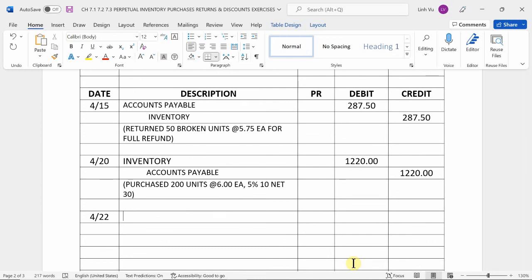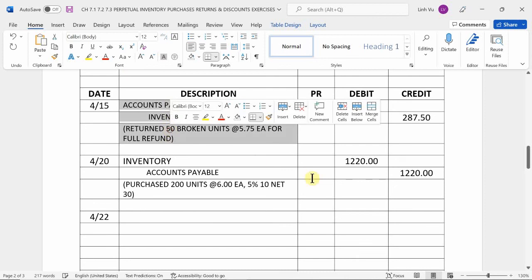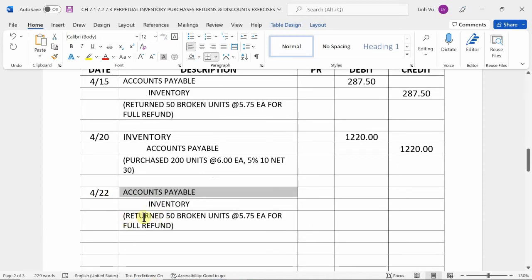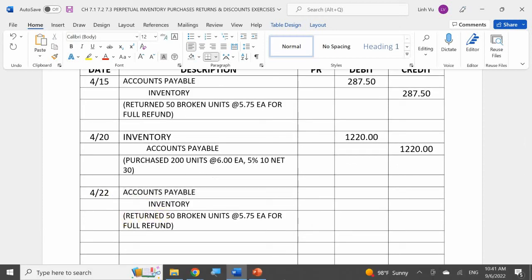So would it be accounts payable? It would be accounts payable. What else? And inventory. Right? Because if everything goes into inventory, everything's going to come out of inventory. So that is correct. Okay. But in this case, right, we're not returning, right?